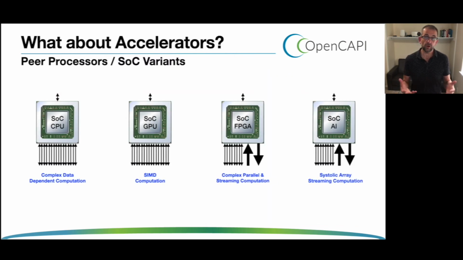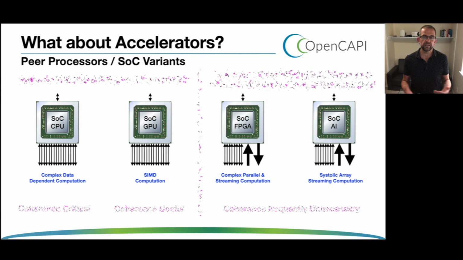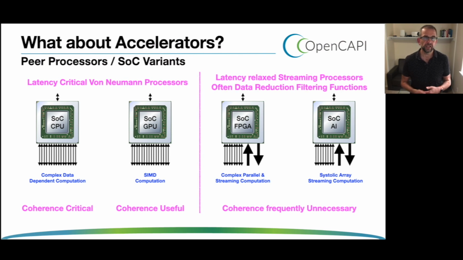But what about other processors, accelerators? We've got peer processors. I tend to call them peer processors or SoC variants. They come in different flavors: CPU, GPU, FPGA and AI. Really, you can categorize them into two separate categories: latency critical, really von Neumann processors, where you've got to get over that von Neumann bottleneck, and hence the coherence critical part of this.